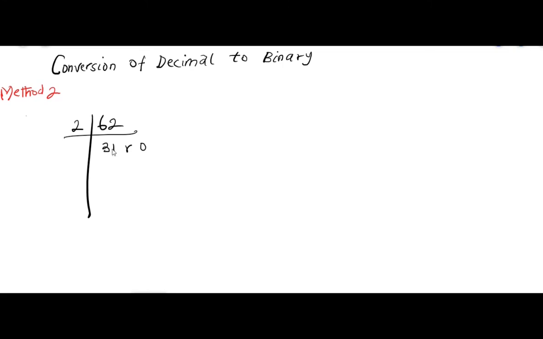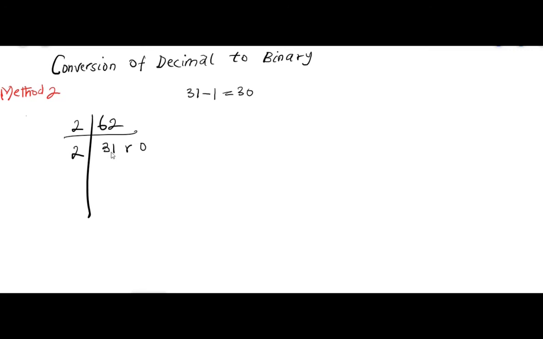So what I normally do is 31 minus 1, which is 30. If you divide 30 by 2, we are going to have 15, because 30 is an even number.